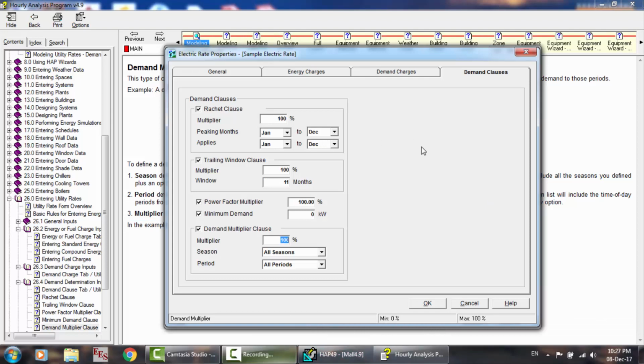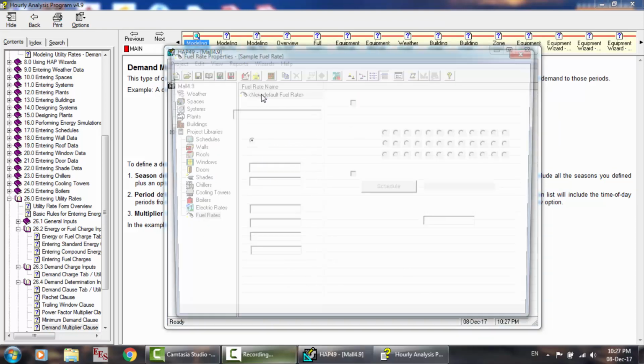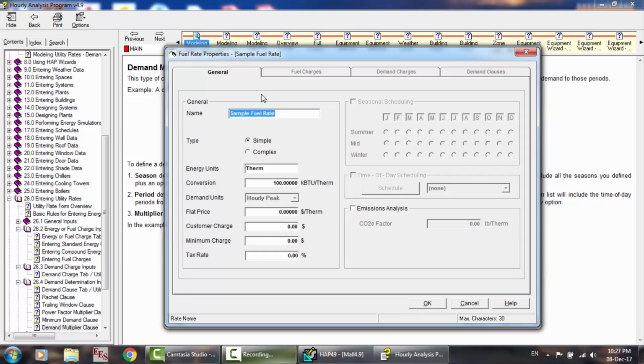Okay, ladies and gentlemen, this is the end of the electric rate. Just click OK. Now we're going to talk about the fuel rates. The fuel rates are, I think, the same. So here I have simple and complex. For the simple, we have energy units, therm.